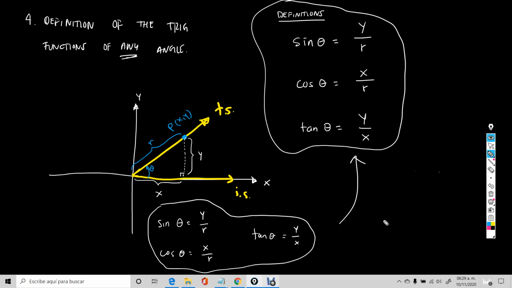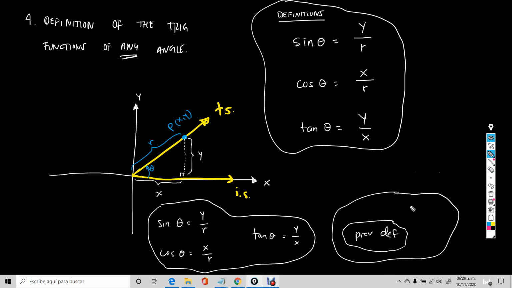We had a previous definition, and let me represent it visually in this way. What we just did, by doing all this explanation, is extend that definition to a larger definition that contains my previous definition. That's what we have done. I hope you understand that.